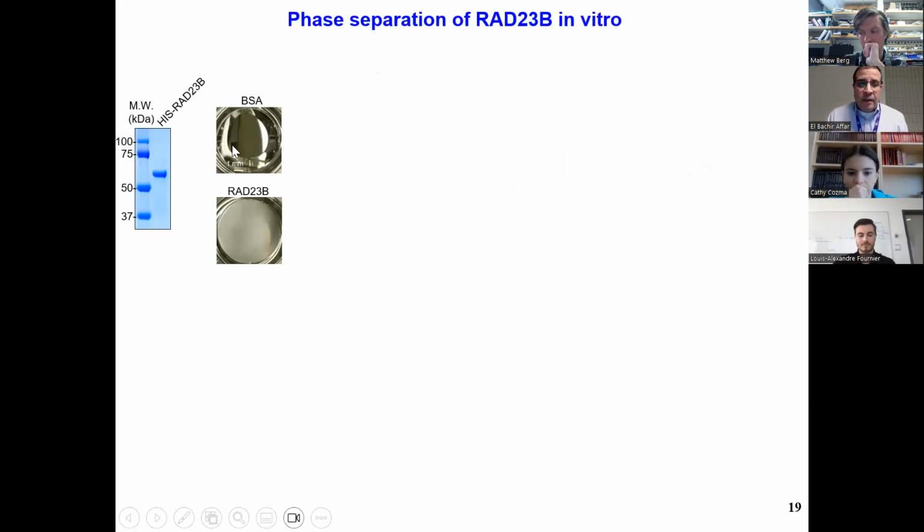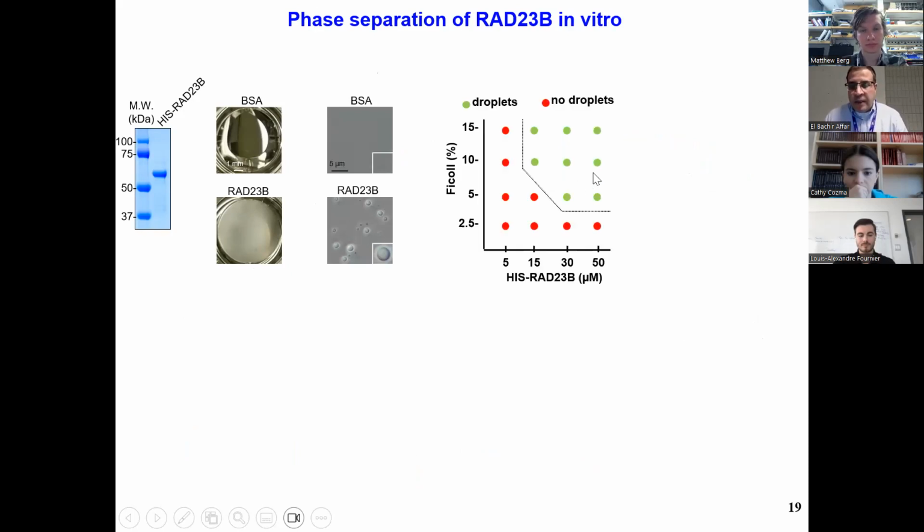And in fact, we purified RAD23B, and we can induce droplets in vitro when we add the crowding agent. As you can see here, the solution becomes turbid. We can see the droplets, and we did the phase separation diagrams by changing the concentration of the protein and the crowding agent.